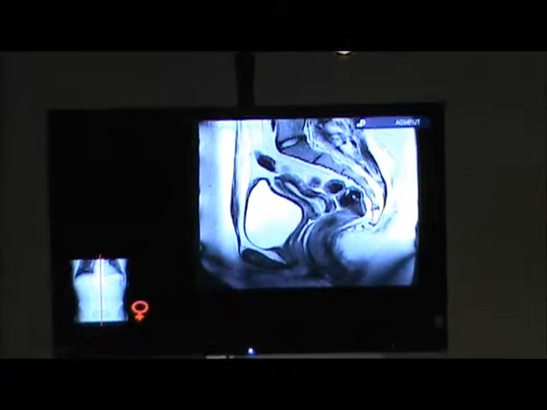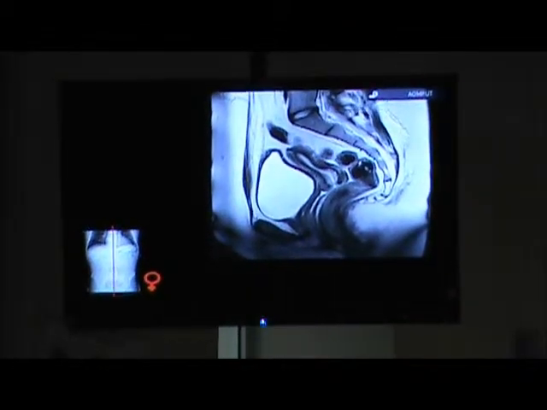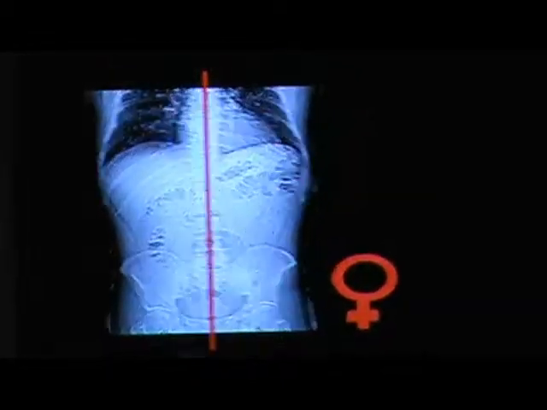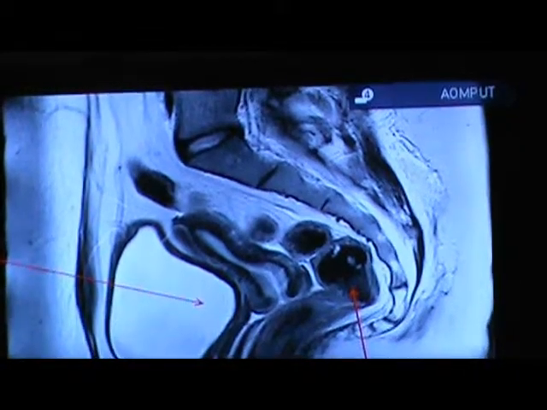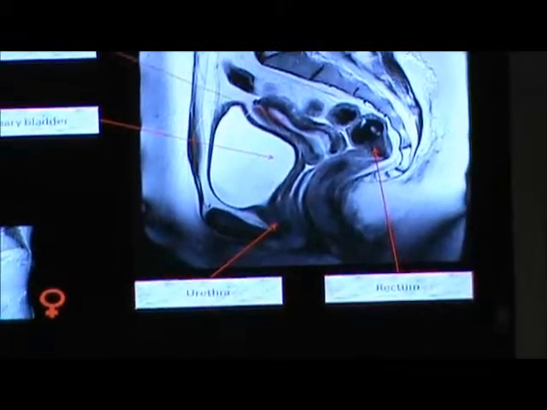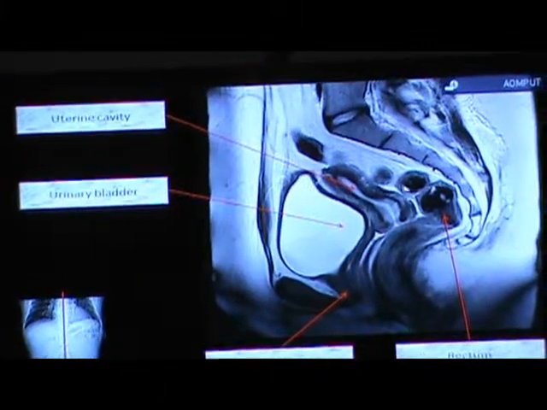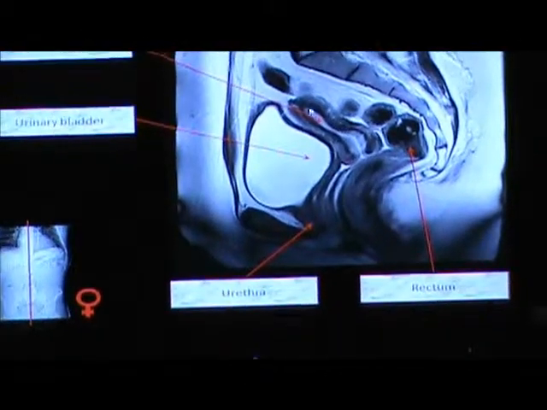The mid-sagittal scan section through the female pelvis shows also the topography of those structures. So as we observe, we can see the rectum, the urinary bladder, and between those two must be, of course, the uterus with the body, with the uterine cavity.